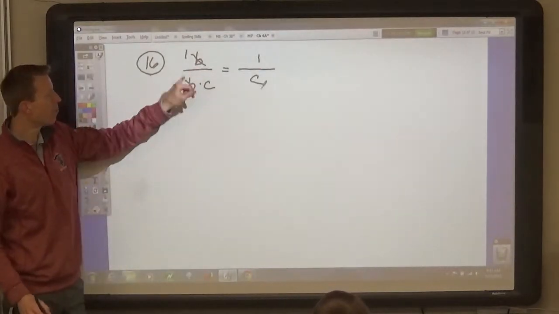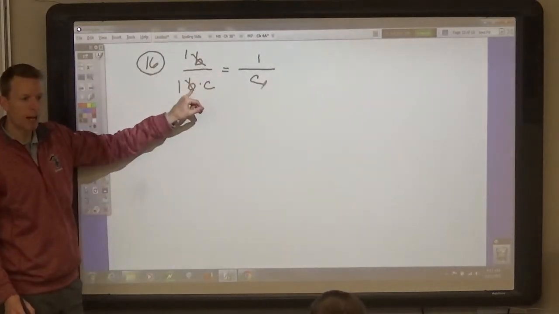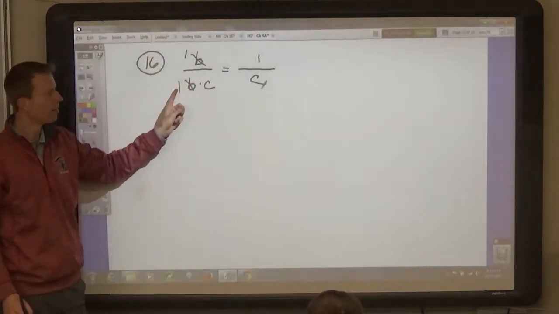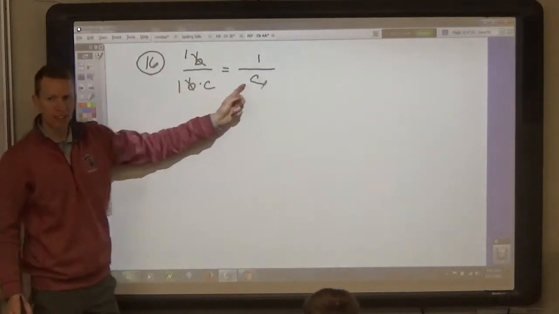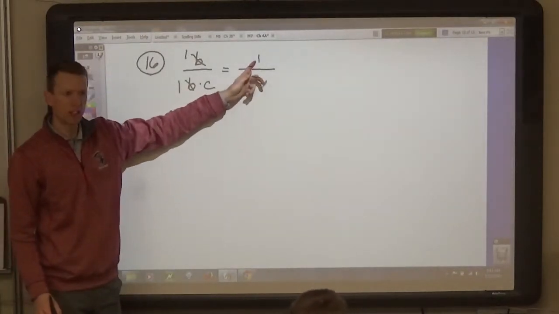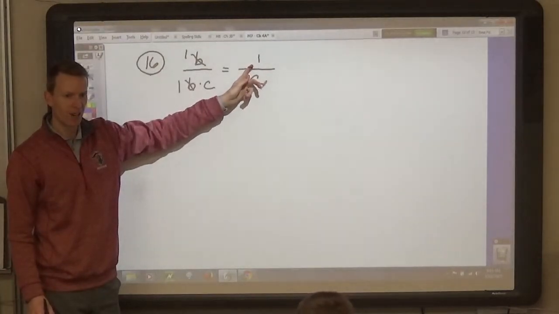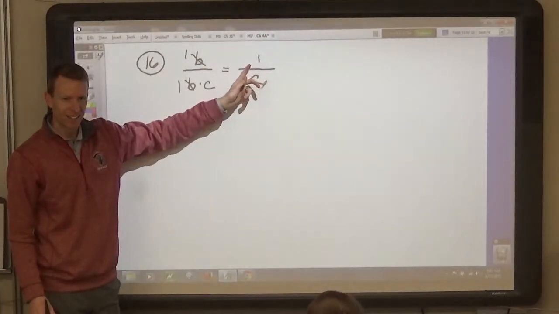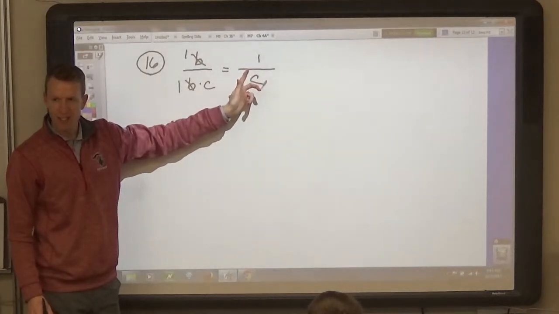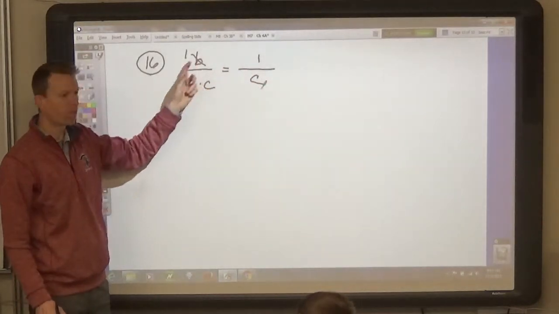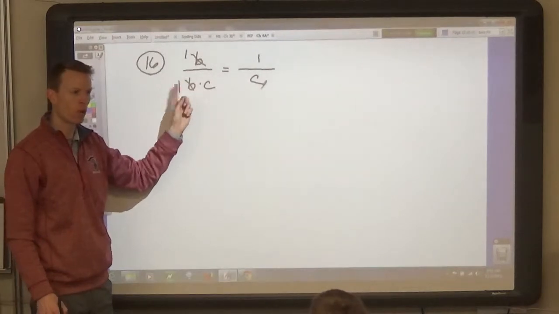So we crossed off the b's because b divided by b is 1. And we're left with 1c on the bottom and just a 1 in the numerator. Does that make sense? Remember what I just showed you? If we put a 4 here, 4 divided by 4 is 1.